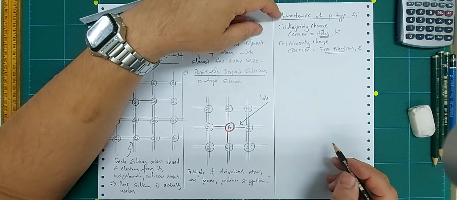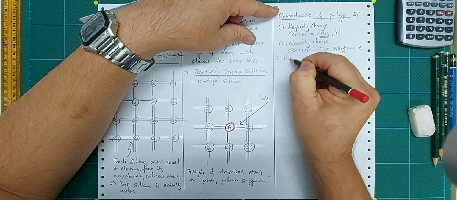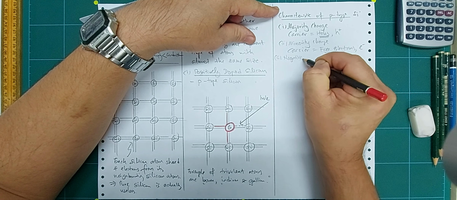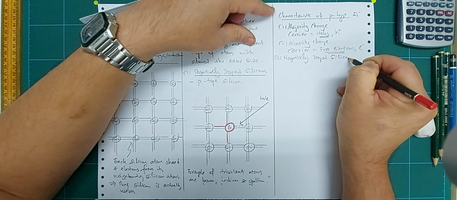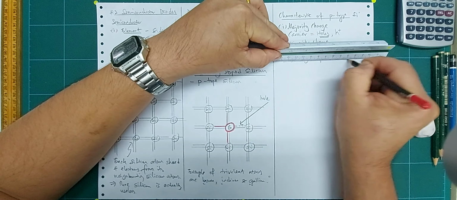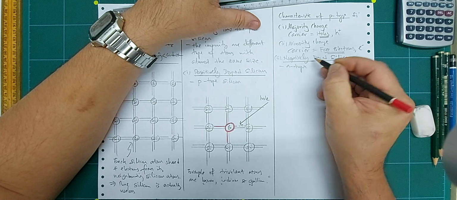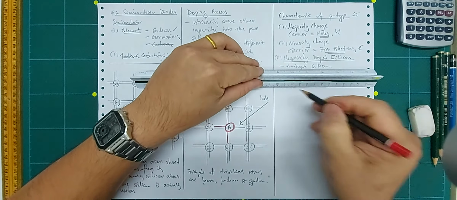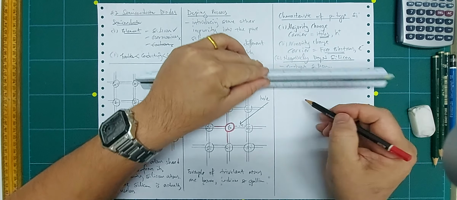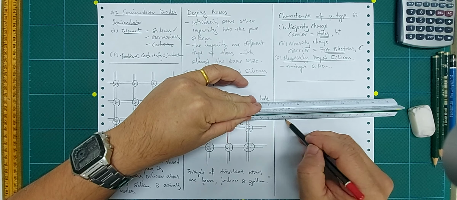Now we come to the negative type. The second one is our negatively doped silicon or semiconductor. So we call this one the N-type silicon. The N-type silicon has the same characteristic, except the way we do it is slightly different.